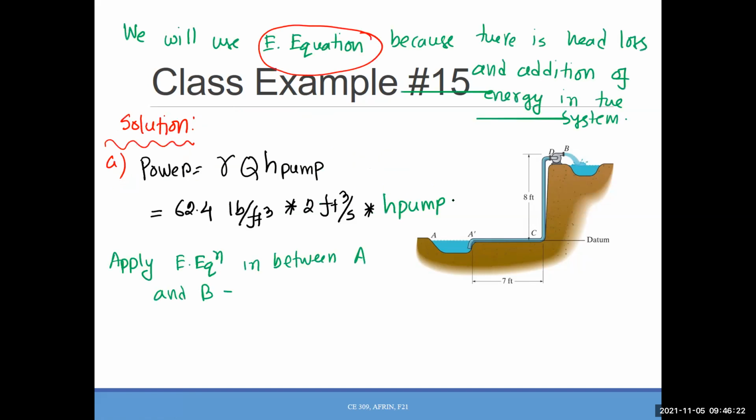And I think I should apply the energy equation in between A prime and B, because in between A prime and B there is a pipe. In between A and B, there is a portion where there is no flow.